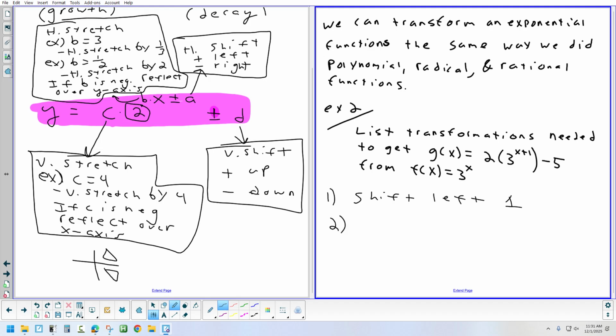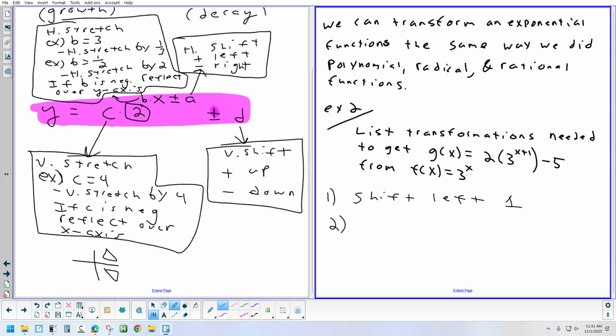Okay, so there's your first one. We have 2 numbers left. Which number are we gonna look at for the next transformation? So the -5 is taking the place of the d, and the d is the last one.